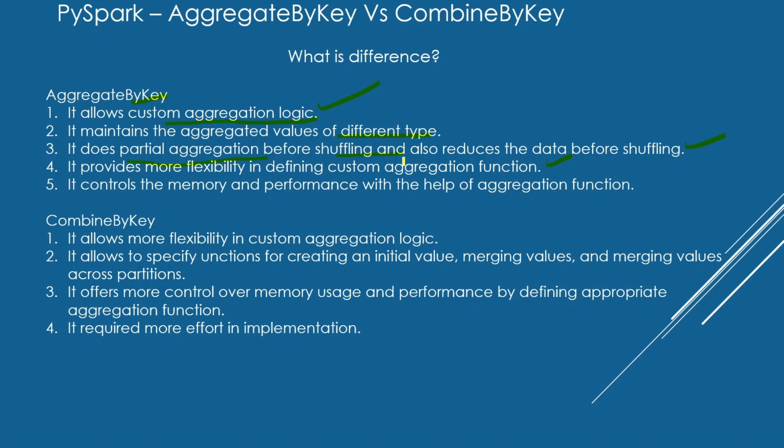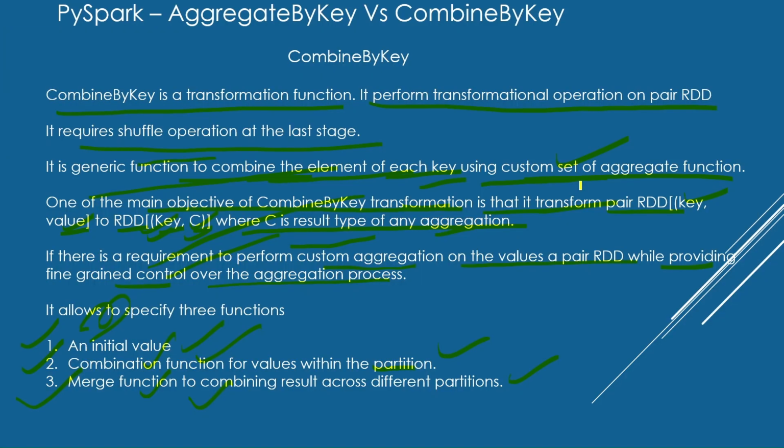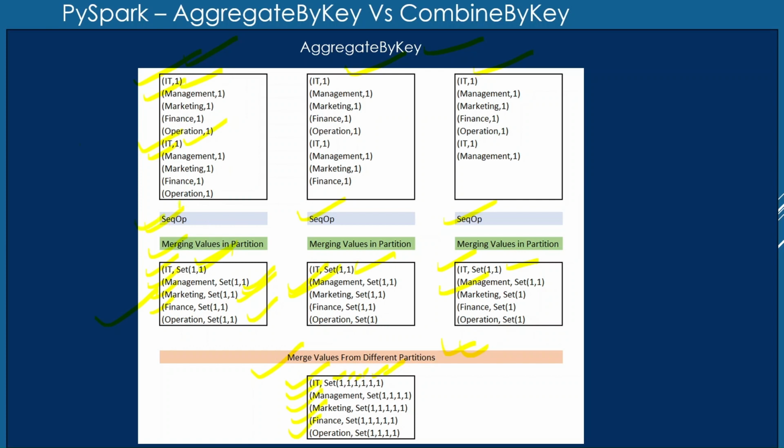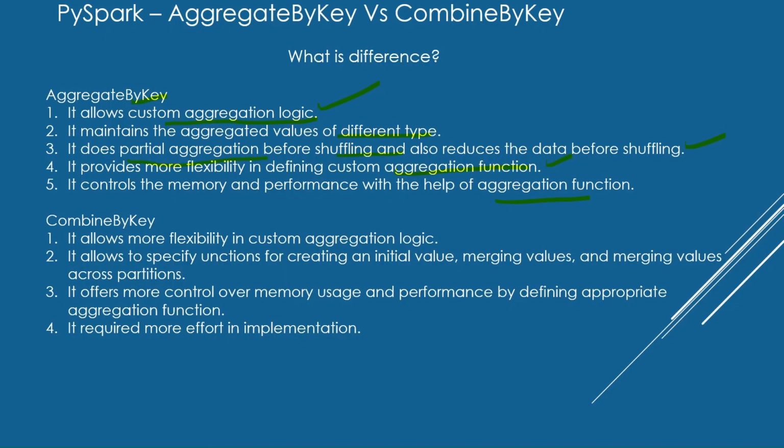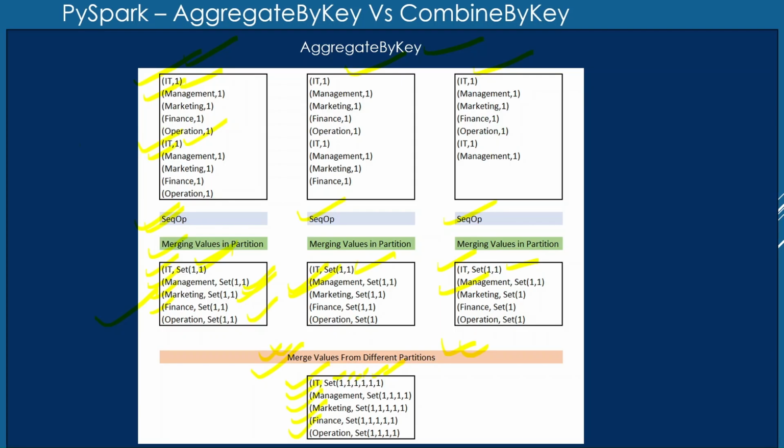It controls memory and performance with the help of the aggregate function. We can see here the sequence operation and the merge value operation. With the help of these, we can control the memory, because the sequence operation is going to reduce the data.